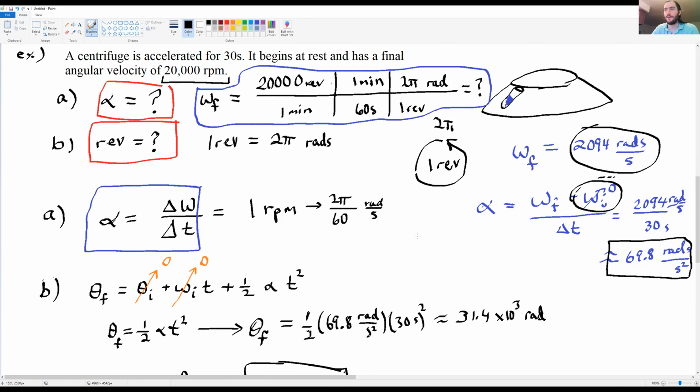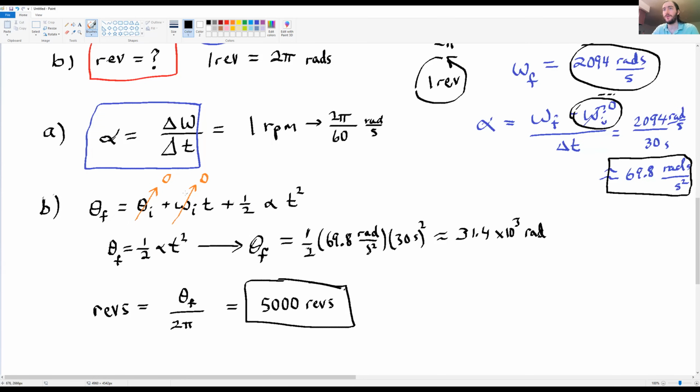Then you can go after calculating the total number of revolutions. Don't fall into the trap of putting all of the units in this equation in terms of revolutions per minute. Don't do that.